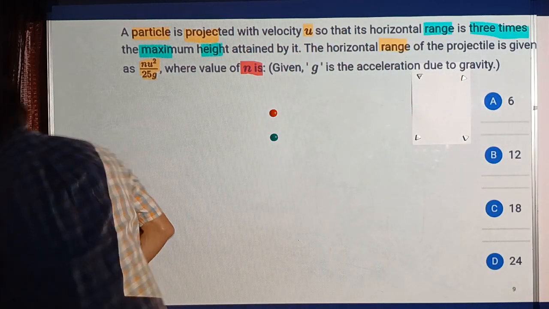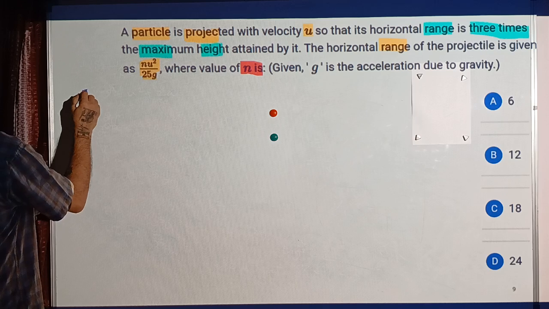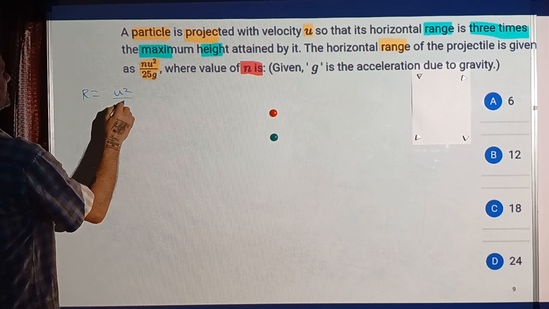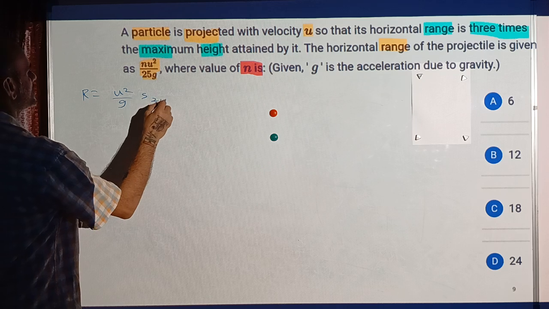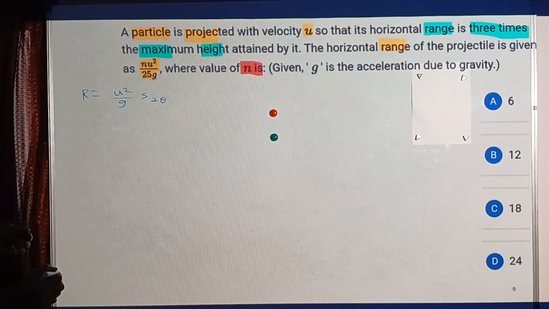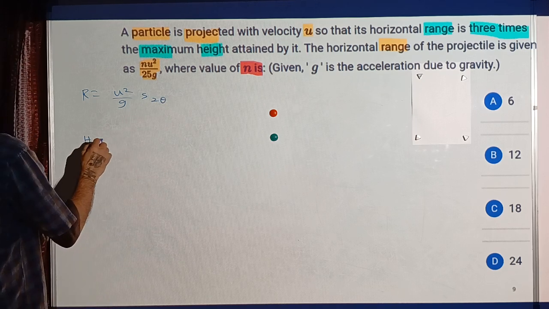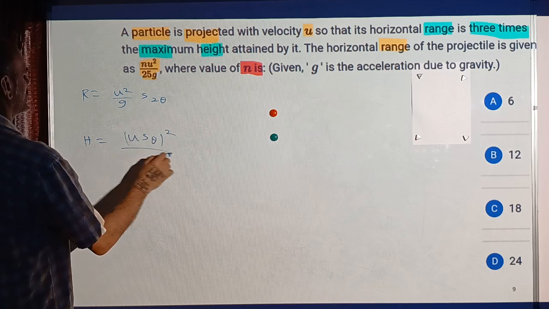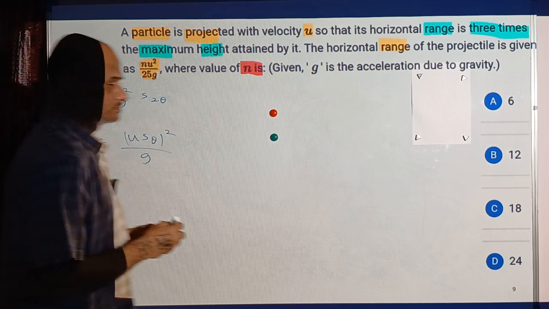Range, the formula if you can remember, is u square by g sine 2 theta, and the maximum height formula is u square sine square theta by 2g.